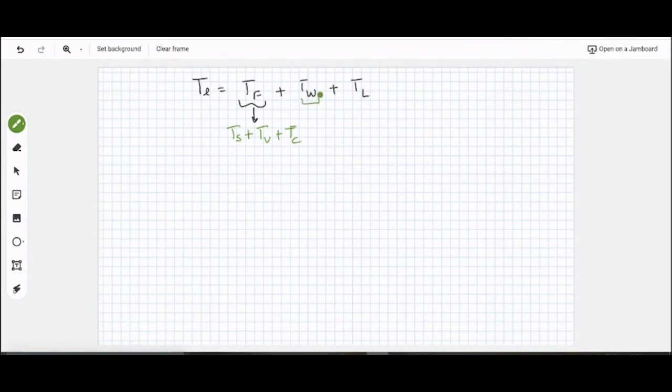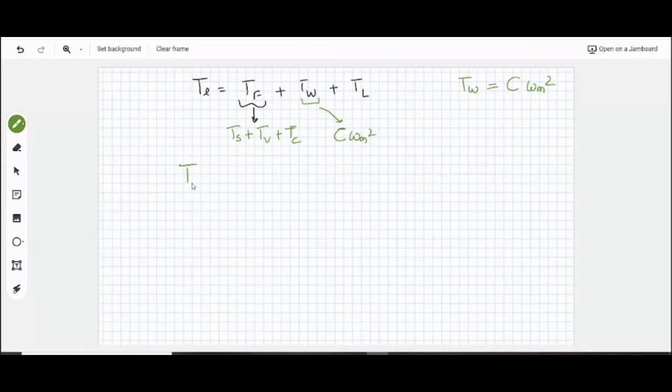The windage torque TW, it has been proved experimentally that it is proportional to the square of the speed of the motor load system, right? So this TW can be written as C W omega square, where C is the proportionality constant, right? So we can write this TW as C W omega square.